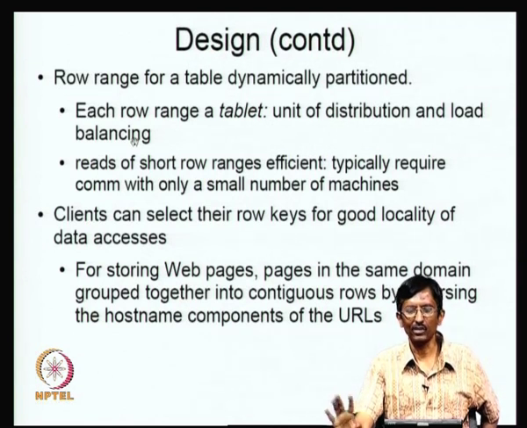Multiple rows become a tablet. Because of that, reads of short row ranges are efficient. Basically, they are all in a single machine. If it is a fairly large tablet, it might at the most span a few machines, so you just have to talk to a few machines.